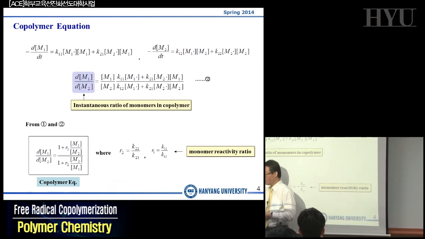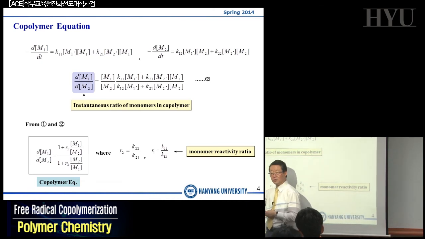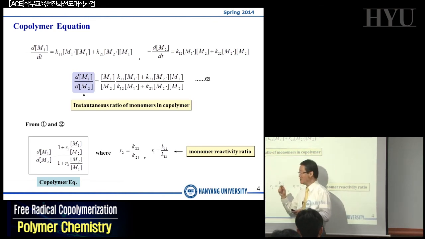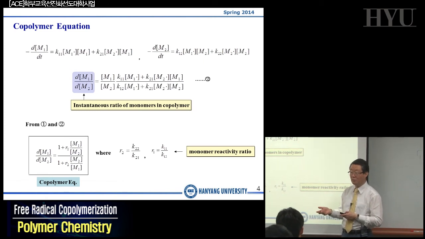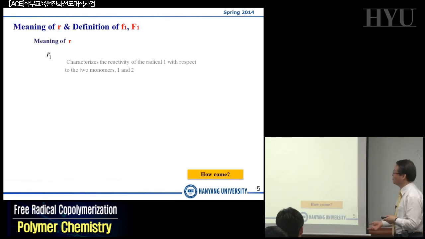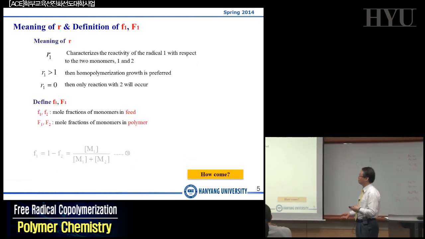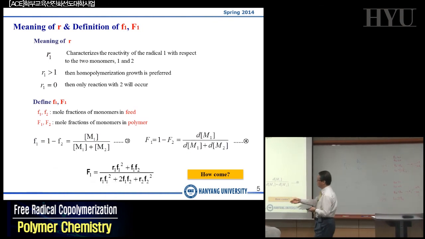This is not large F1 and large F2, but you can rearrange the copolymer equation to make large F1 a function of r1 and r2 and small f1 and small f2. So please derive this final equation by yourself. This is your task.